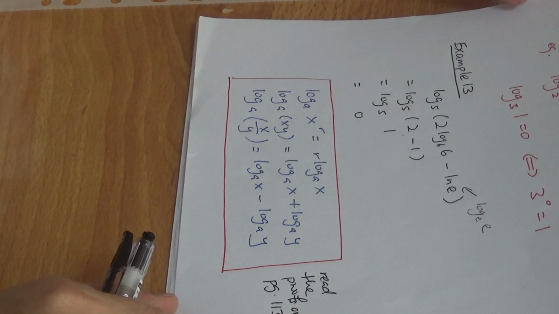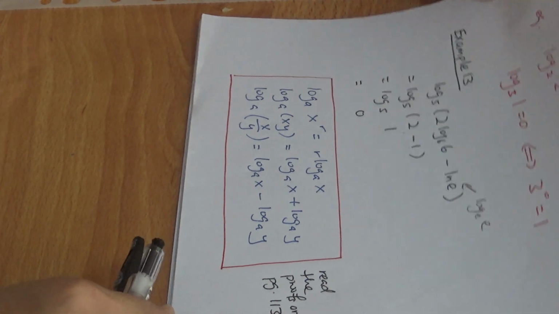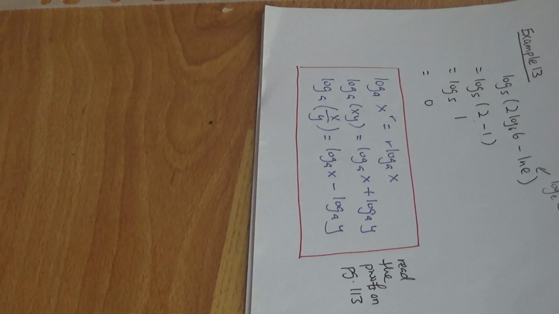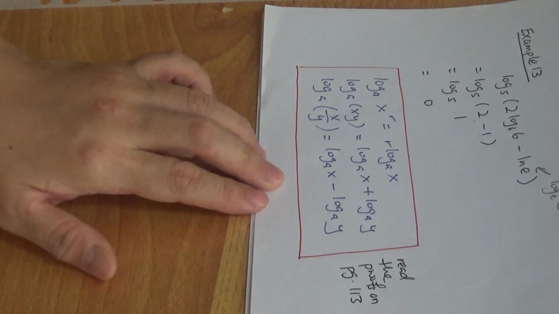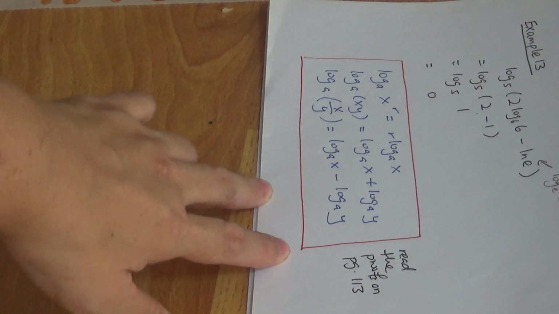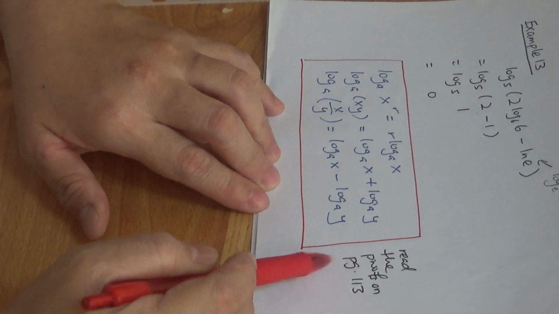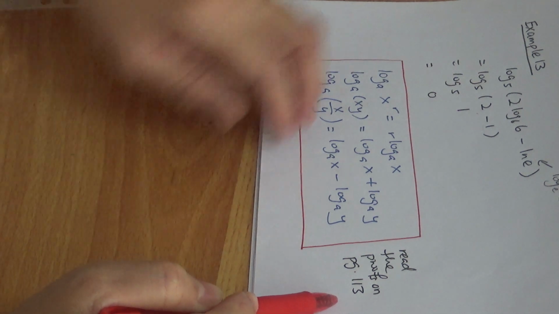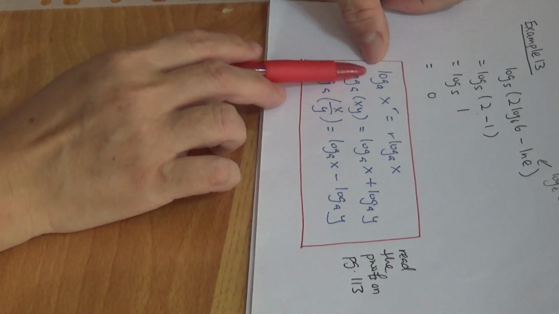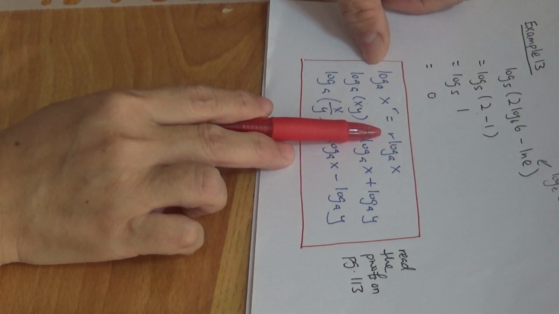Next, I'm going on to the power, product and quotient laws on page 112. These three laws are actually very simple to apply, but they may look very frightening in the beginning. If you are interested, you can read the proofs on page 113 itself. Basically, if I have log_a x^r, I can bring the r down to the front.